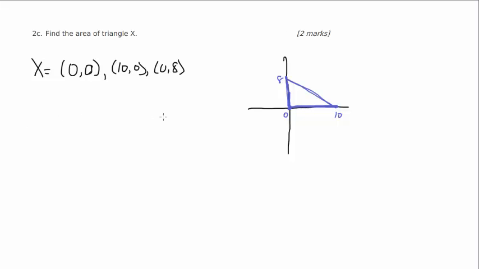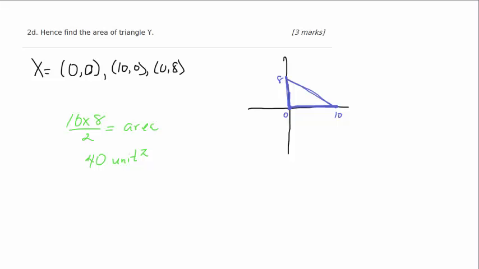So its area is base times height, 10 times 8 divided by 2, and that's 40. There's no units here, so we'll just call it units squared. We move on to part D.